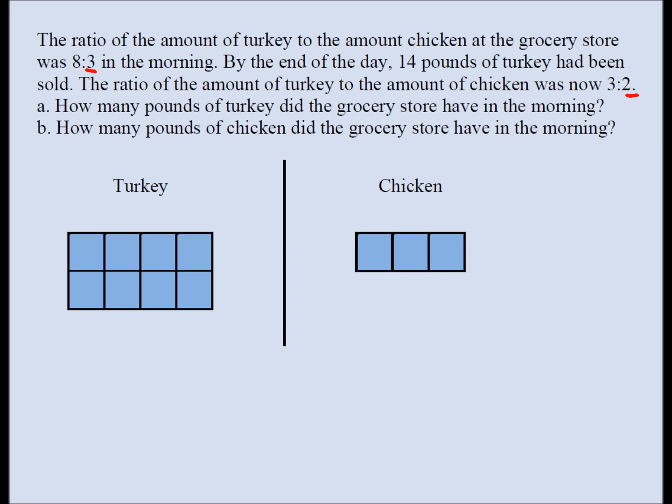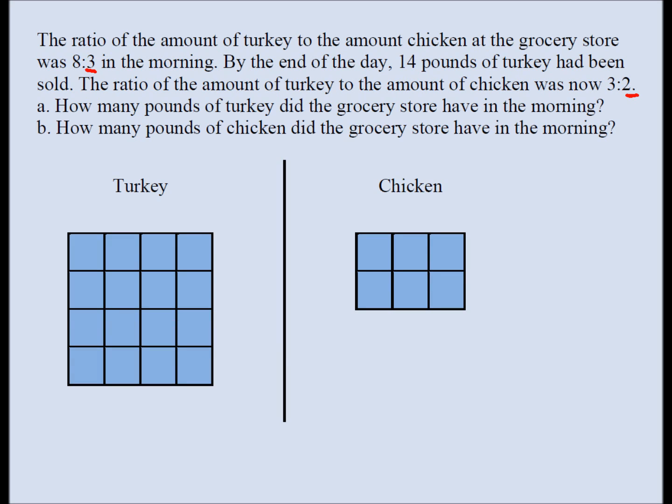So what I'm going to do is this. I want to take enough squares to represent chicken so that the total number of squares representing chicken is divisible by both 3 and 2. A good choice is 6. So now my original ratio of chicken to turkey is 3:8, and I still maintain that ratio, 3:8.